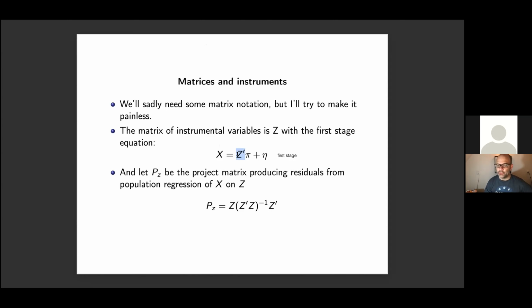And here's the Z term, and this is called the residual maker. That's what we used to call it in graduate school. It makes residuals, and it has this expression, Z prime Z inverse Z prime. We're going to use it a few times. It's very common in a panel econometrics class taught with matrix algebra to see that residual maker used over and over again.